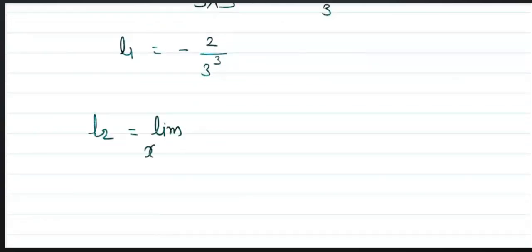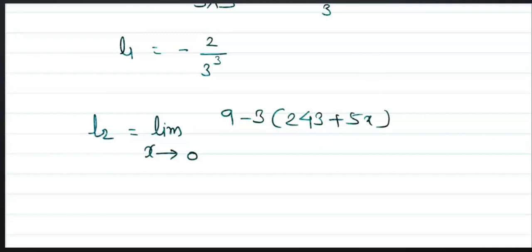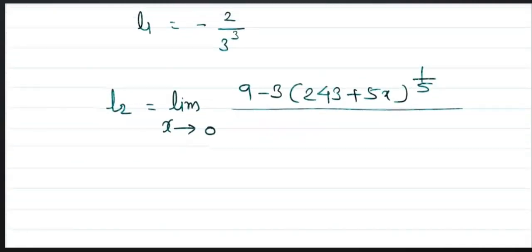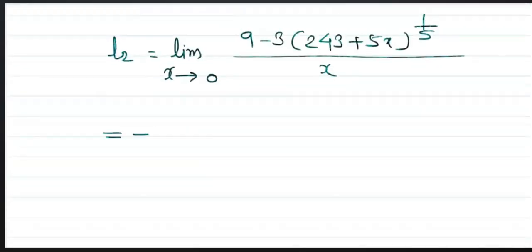This is L1. Now we'll find out L2. Limit x tends to 0 of 9 minus 3 times (243 plus 5x) raised to 1 upon 5, upon x.